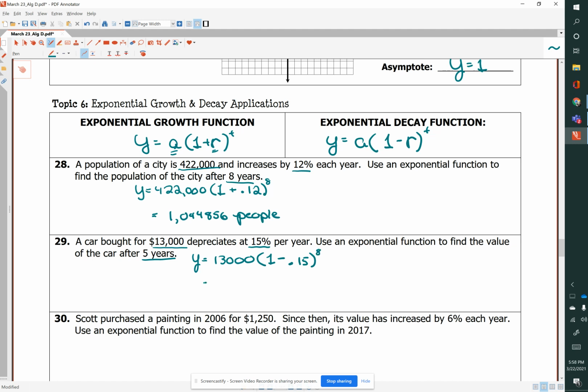And when we evaluate that, we find that the car, 5 years, not 8 years. So it's 5 years. And when we evaluate that, we see that the car is worth $5,768.17.